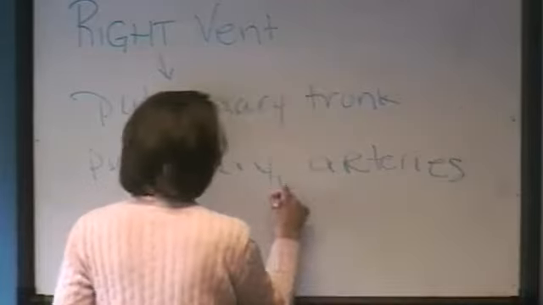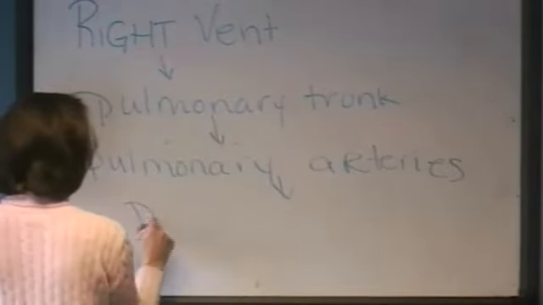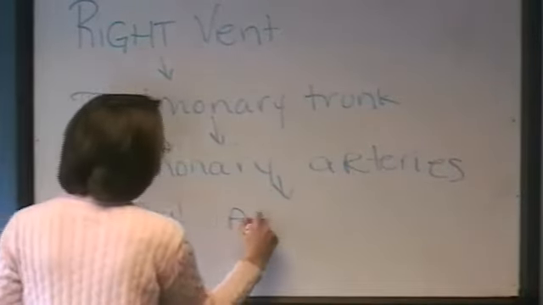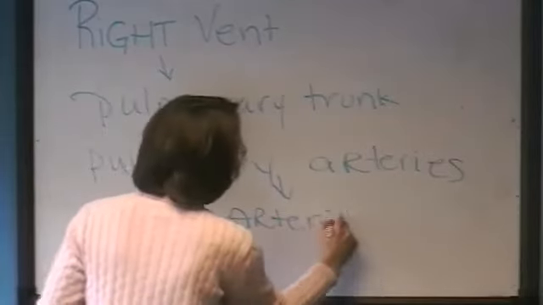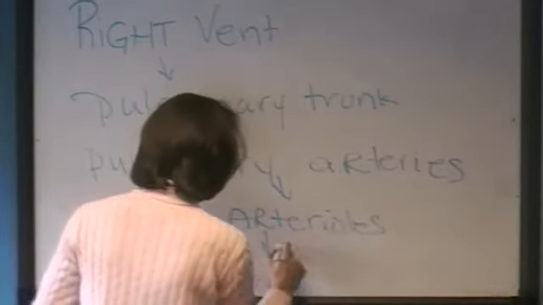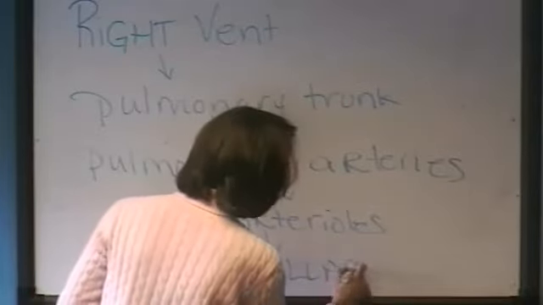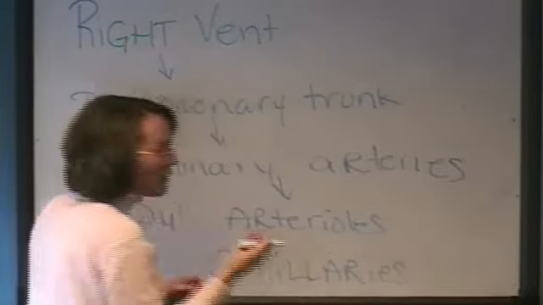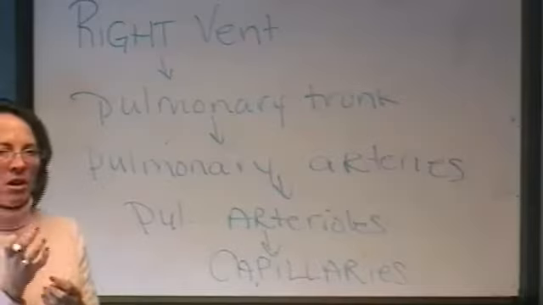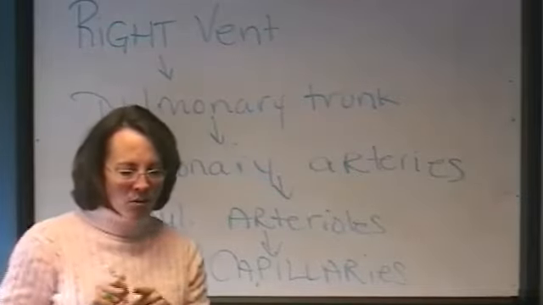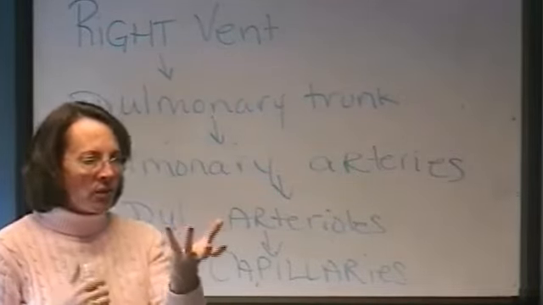Pulmonary arteries are going to go to pulmonary arterioles, which are smaller arteries, and those are going to go to capillaries. And that's where we are in this picture. There's capillaries forming that network around the alveolus.